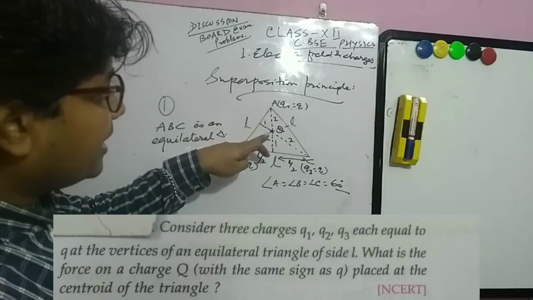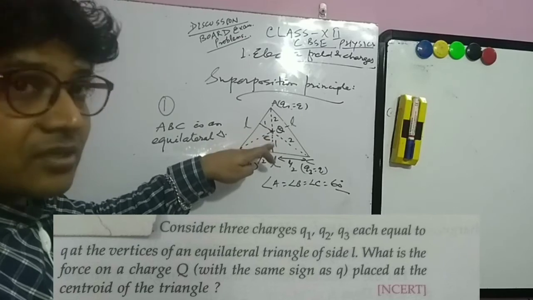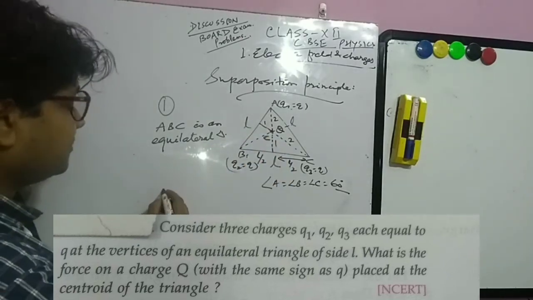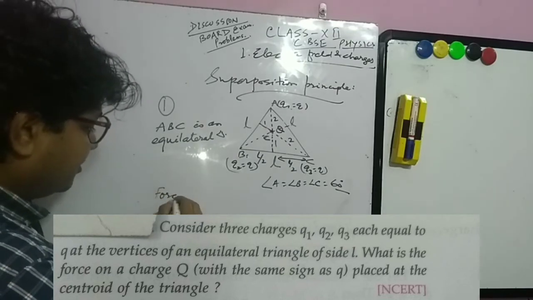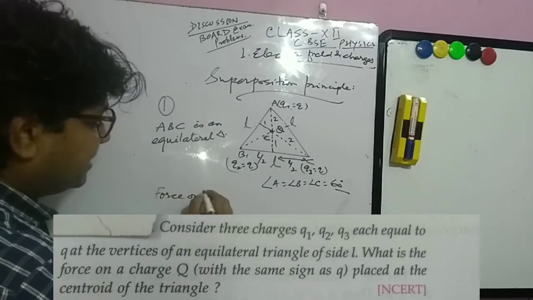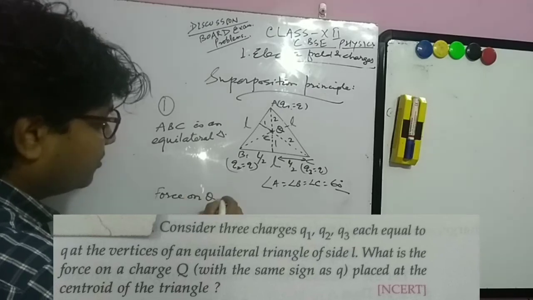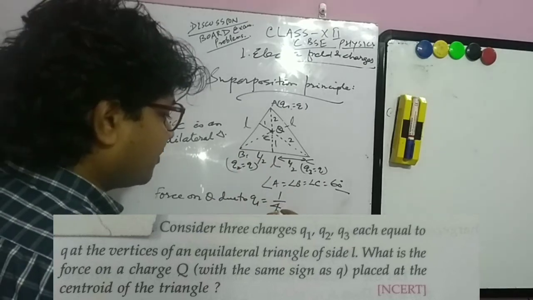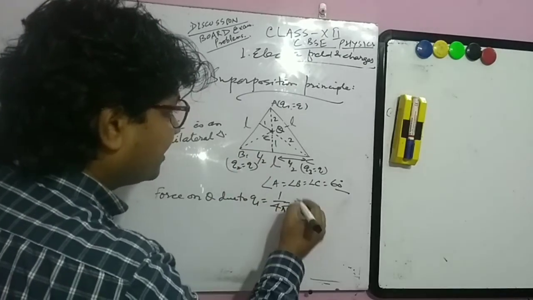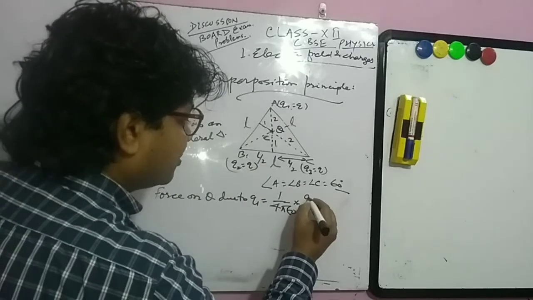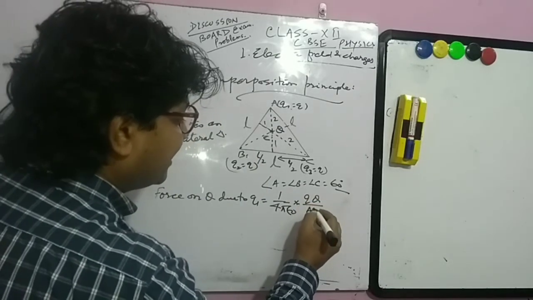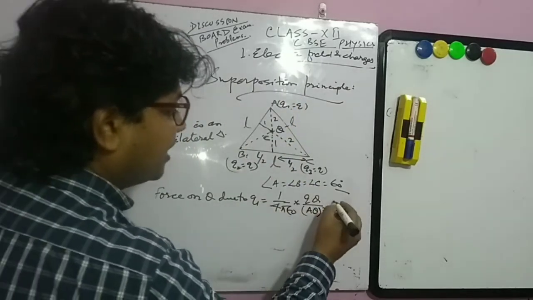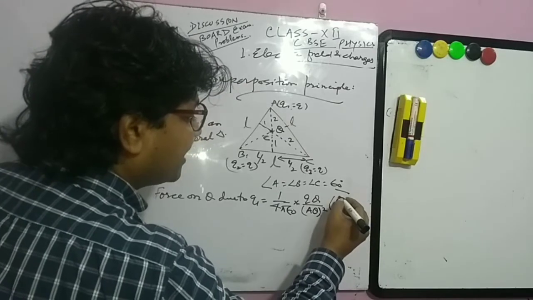If this is a positive charge Q, then the force on Q due to Q1 is equal to 1 upon 4 pi epsilon naught into Q into Q divided by AQ square, the distance square, and it is towards the AQ unit vector.